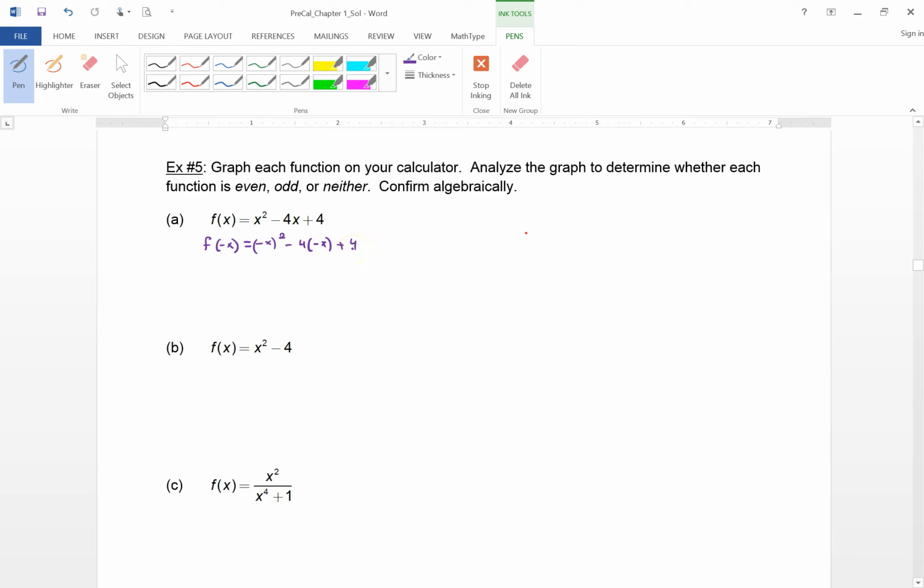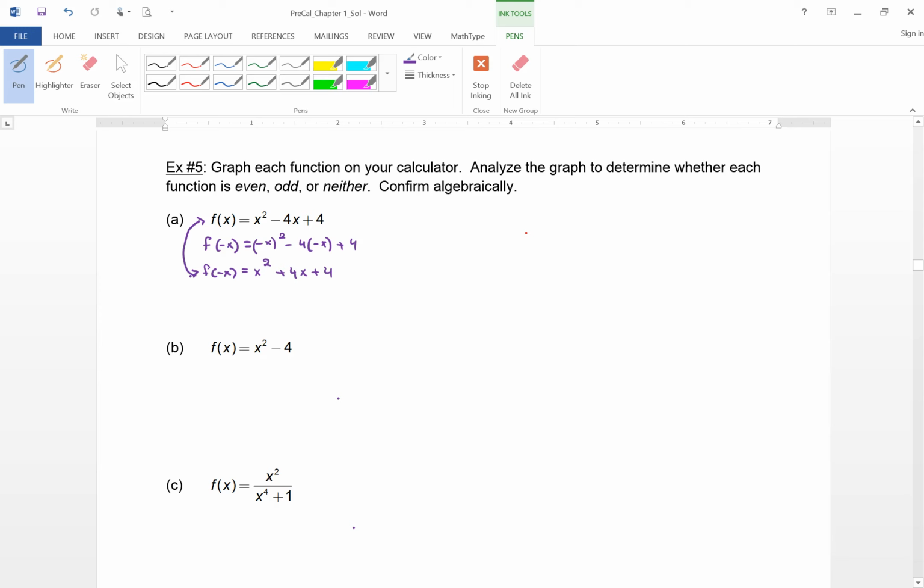You simplify as much as you can. You get x squared plus 4x plus 4. Now, compare these two. Are they the same? No, they're not the same.